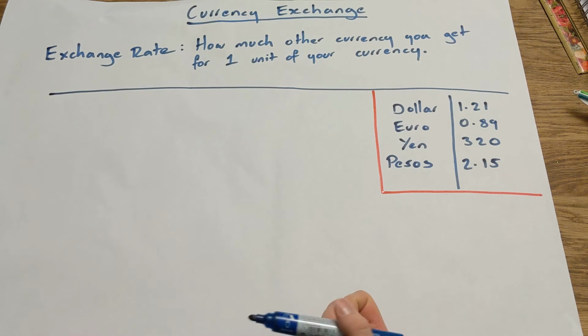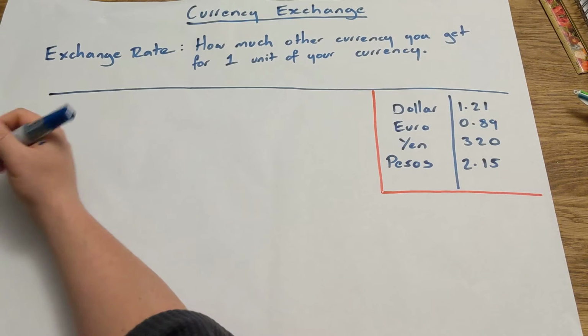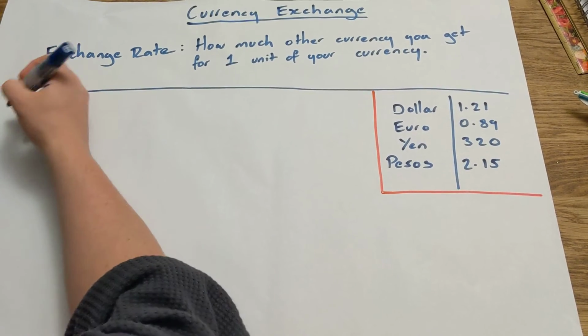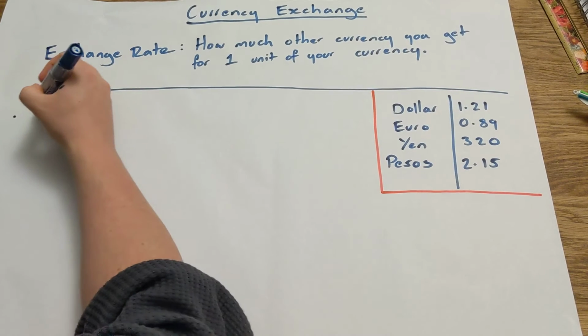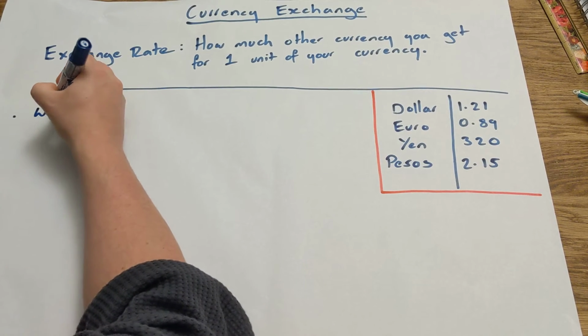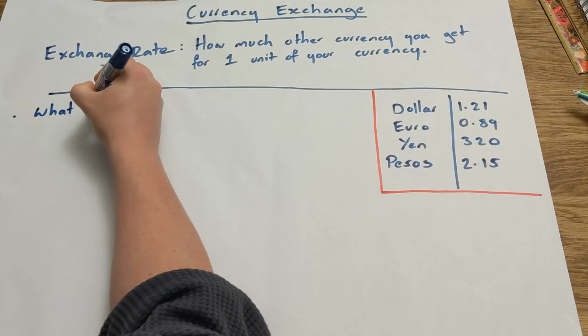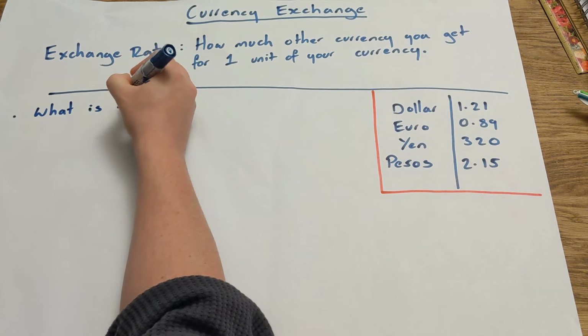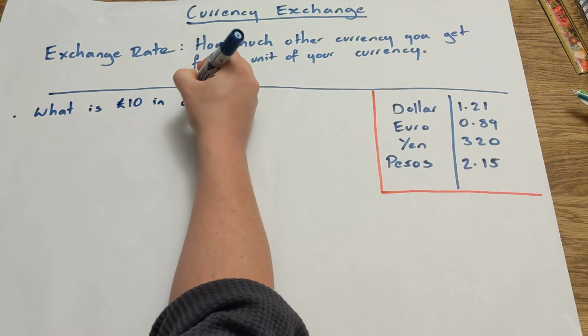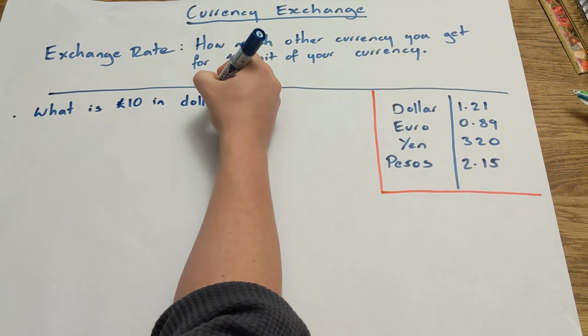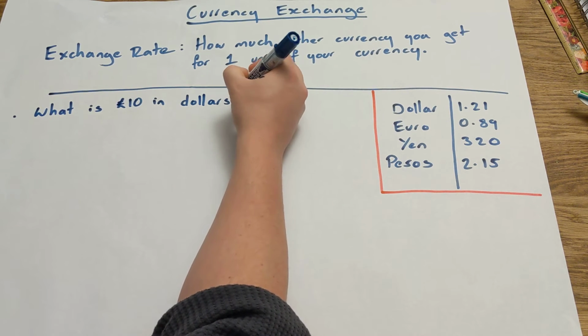Okay, let's say nice easy example to start with, and we're not even going to give any context. We're just going to say, what is £10 in dollars? Okay, keep it nice and simple.